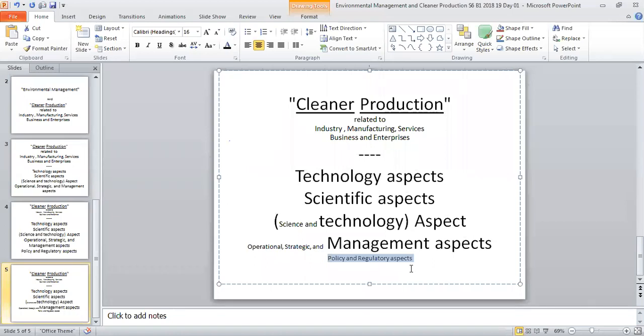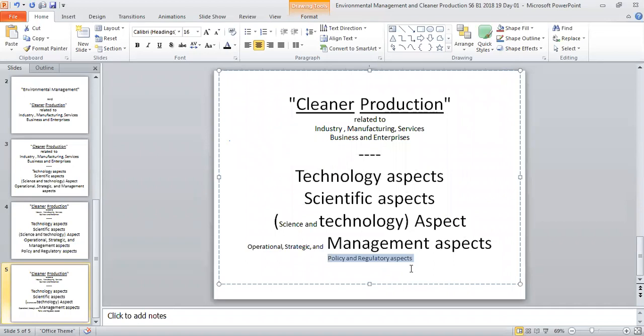Of course, there are obviously environmental aspects. Also there are social aspects, and economic aspects. So social, economic, environmental aspects, and also sustainability aspects.